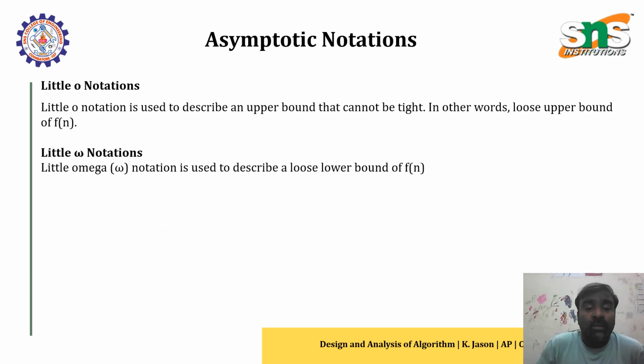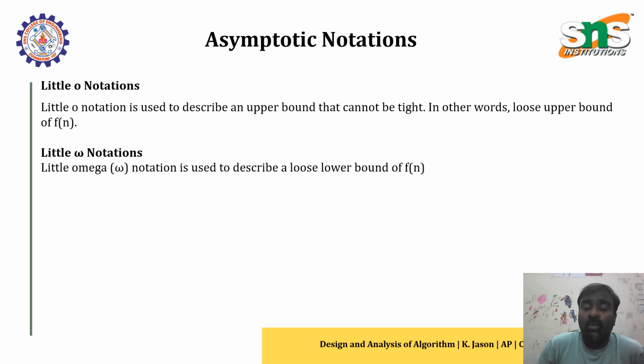Next, little o notation. It is a very simple one, as is little omega notation. Little o notation is used to describe an upper bound that cannot be tight, in other words, a loose upper bound of f of n. Next, little omega notation is used to describe a loose lower bound of f of n.